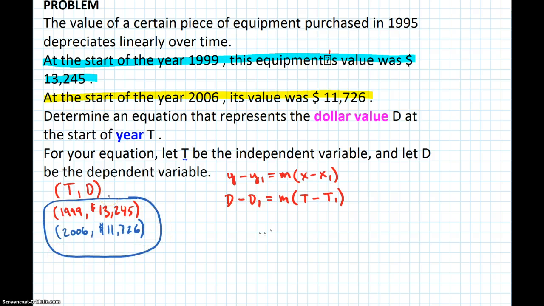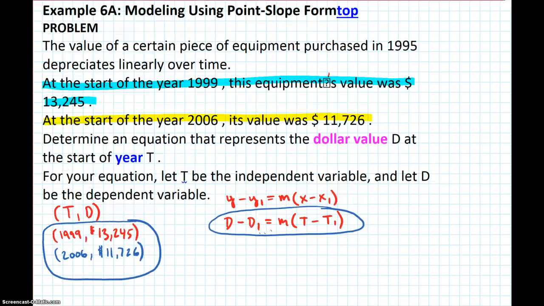Okay, so now we know how to use this information. We know how to use two ordered pairs and come up with the equation of a line in point slope form, which is right here. So let's take these ordered pairs.